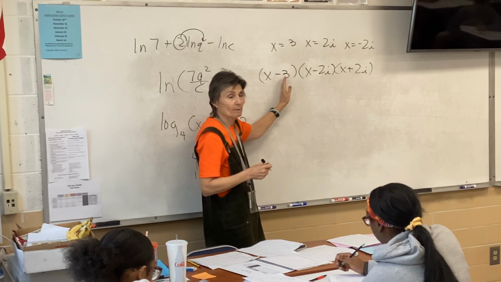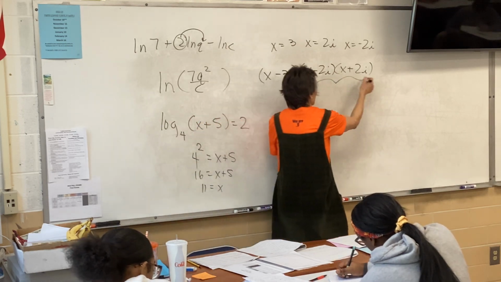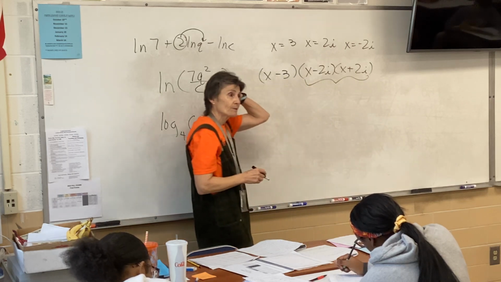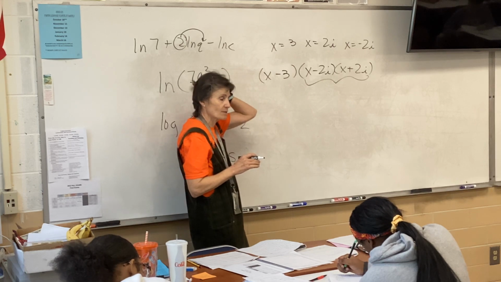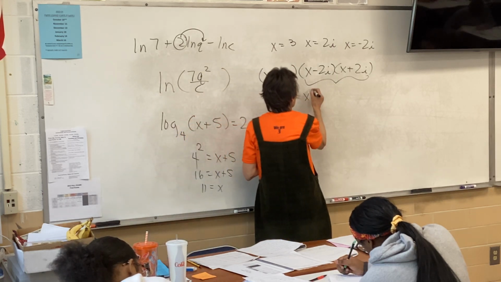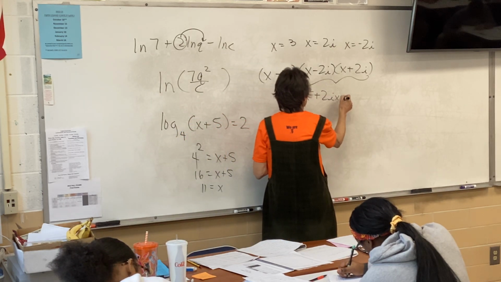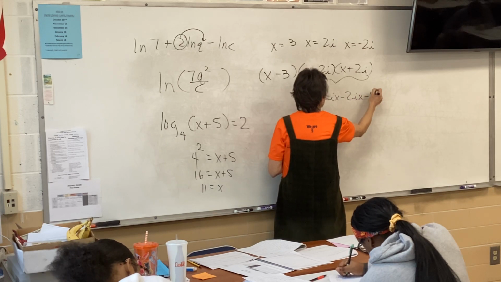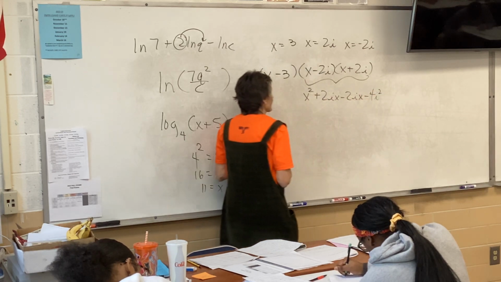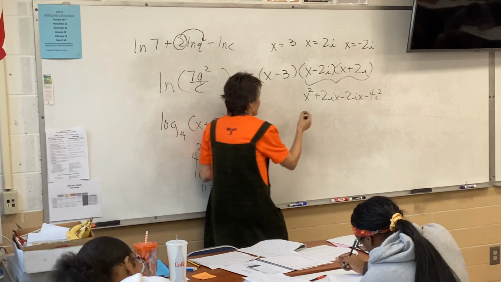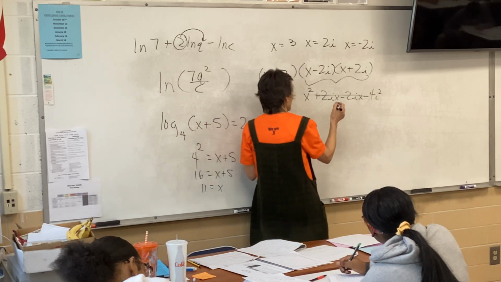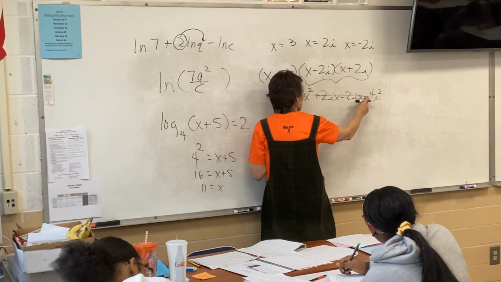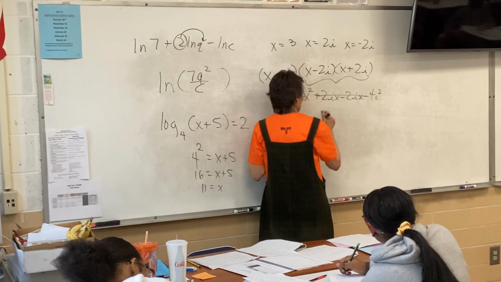That's the original problem. I would always start with the i ones first, because a bunch will cancel out since they're conjugates. So x squared plus 2ix minus 2ix minus 4i squared. What do you do with a minus 4i squared?